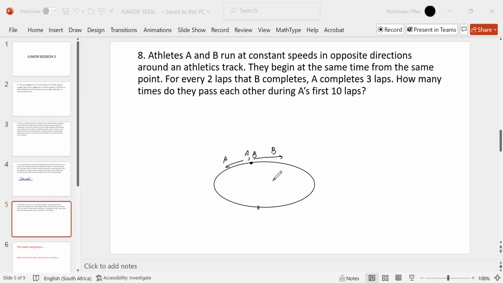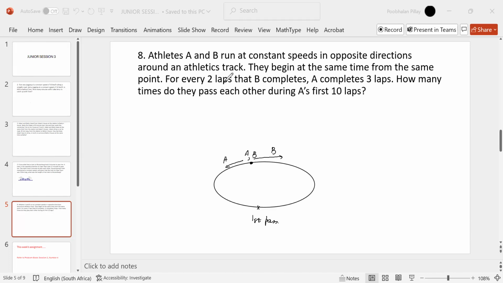Okay, let's just follow A's trajectory. He goes around this way, and B goes around this way, and they pass each other. Okay, the first pass. Okay. Now, what can we say?